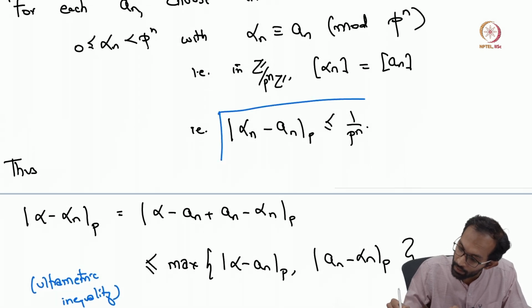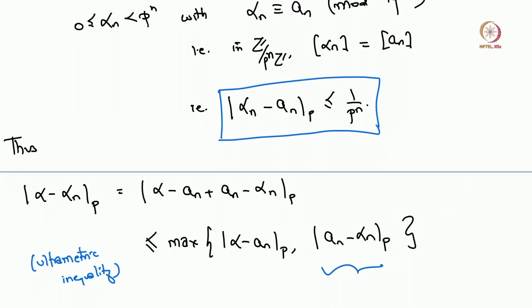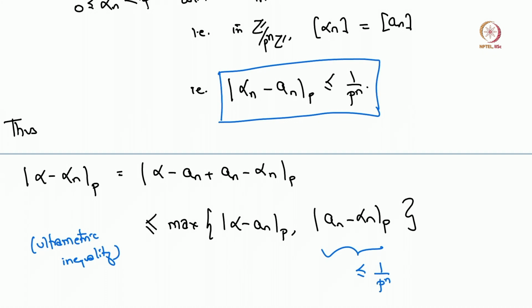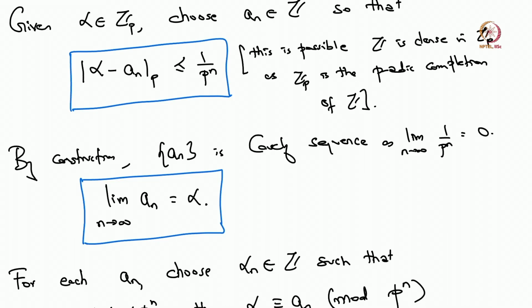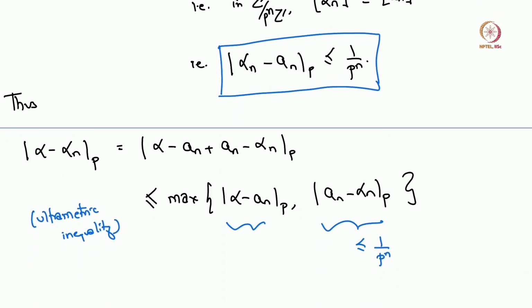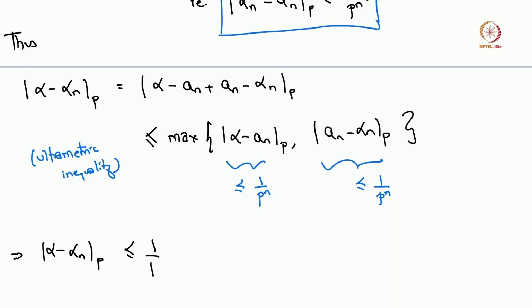On the one hand, the latter is less than or equal to 1 over p to the n. But by construction of these a_n, the p-adic absolute value of the difference between alpha and a_n is also less than 1 over p to the n. So I'm considering the maximum of two quantities, both less than or equal to 1 over p to the n. This means that the p-adic absolute value of the difference of alpha and alpha_n is also less than 1 over p to the n.